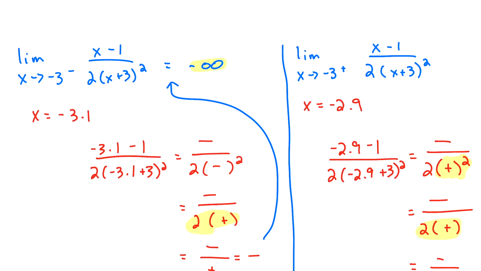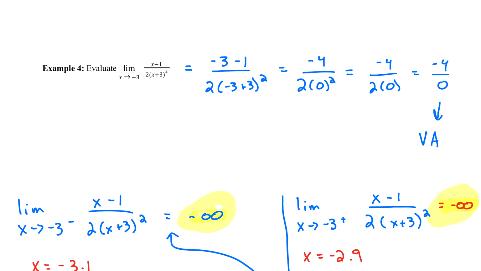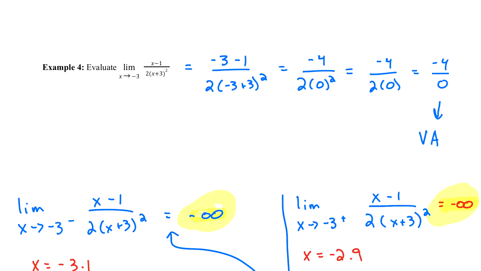So that means that this limit should also be negative infinity. So we have that the left-hand limit is negative infinity. We have that the right-hand limit is negative infinity. So we can go ahead and draw the conclusion that the two-sided limit must also be negative infinity. And there is our answer.